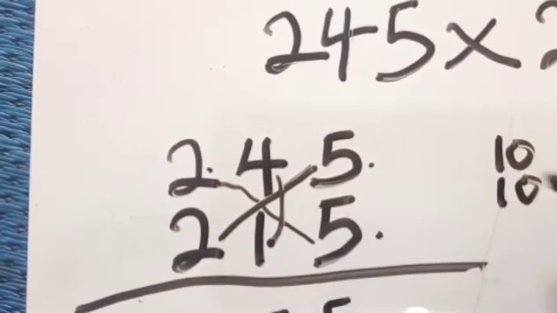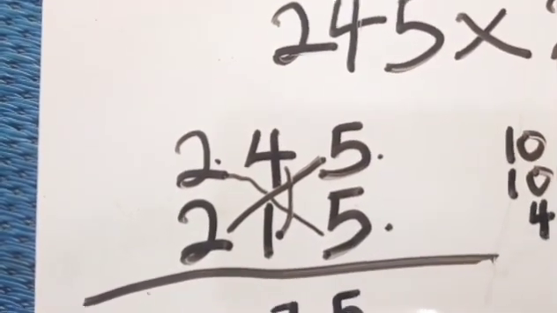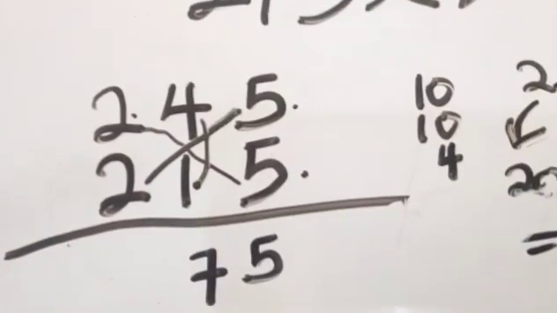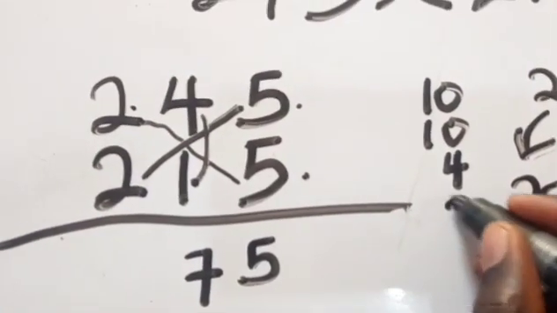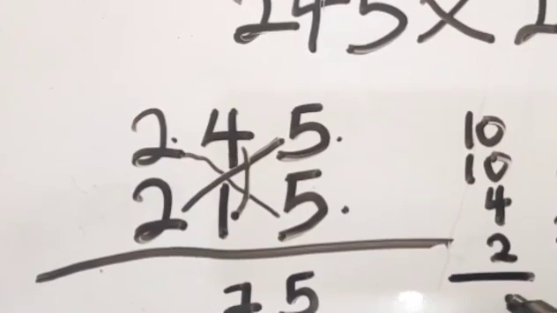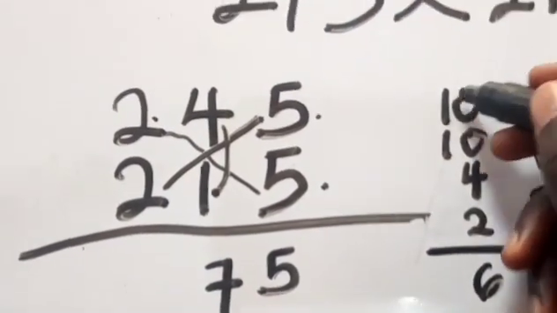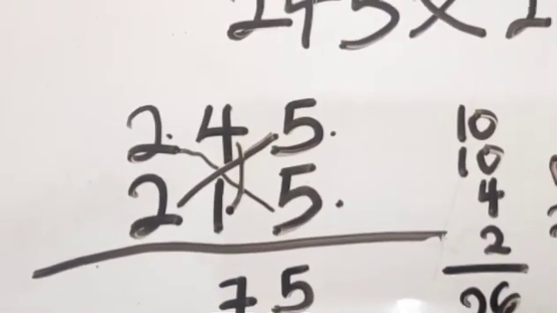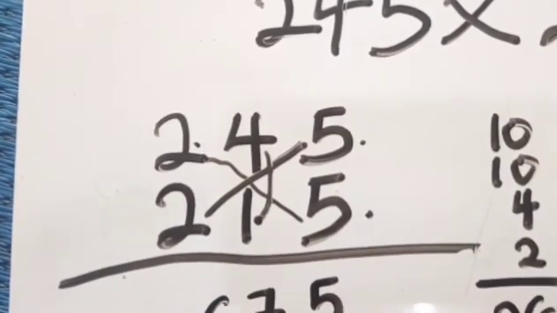Then 4 times 1 is 4. Don't forget we have 2 here that we carried. Let's add it together, and this will give us 26. We are going to write our 6 and also carry 2.